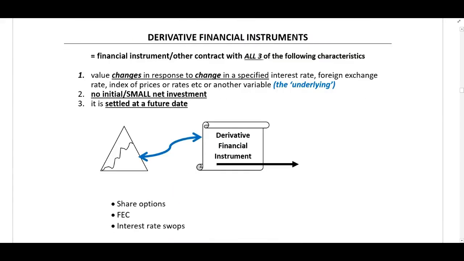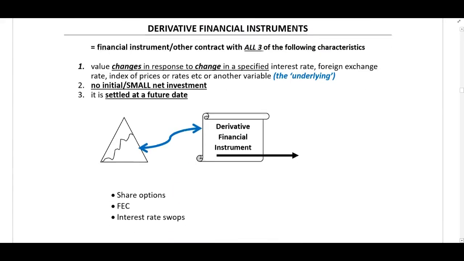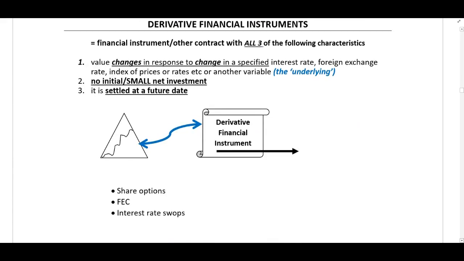I've included a few important definitions. The first definition will be a derivative financial instrument. This will be a financial instrument or contract with all three of the following characteristics. Now, I'm going to explain this by means of our picture. This is a financial instrument contract.